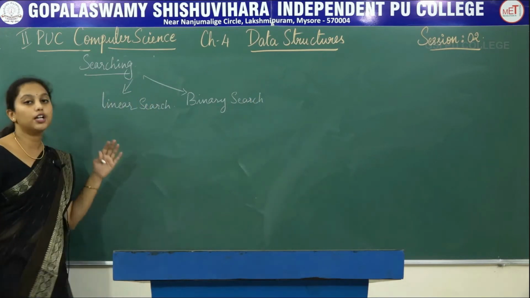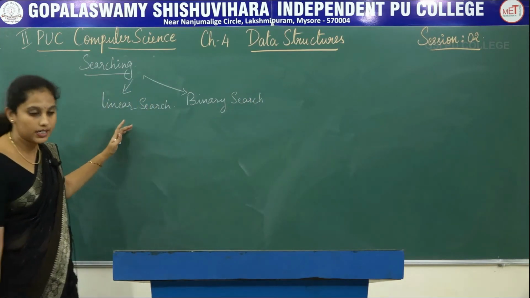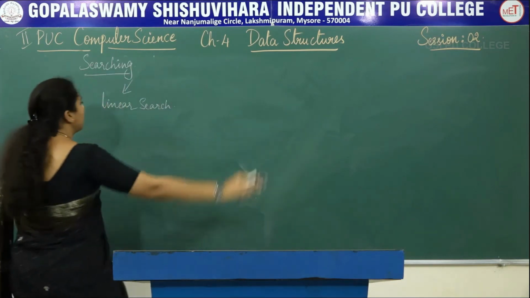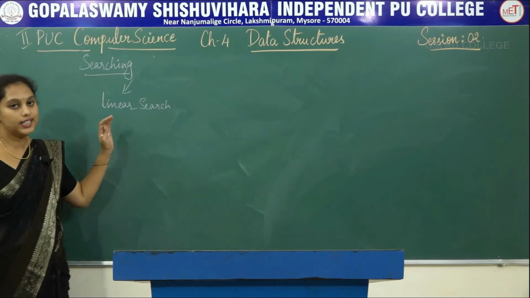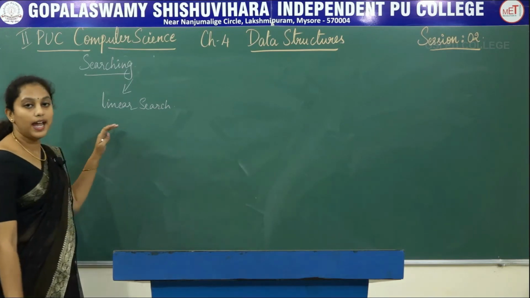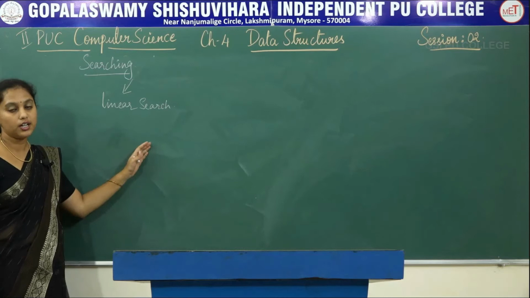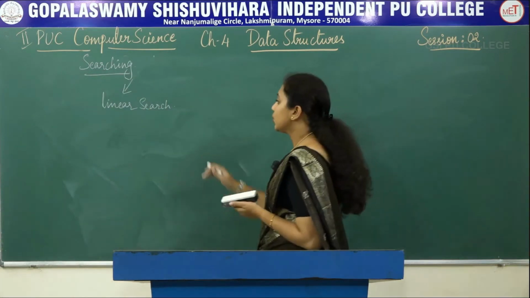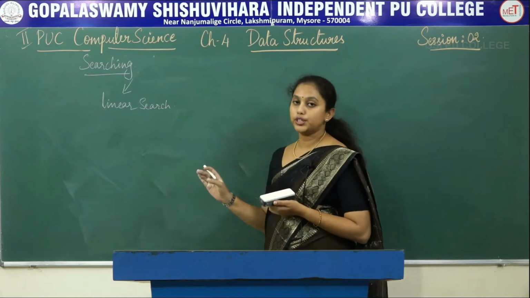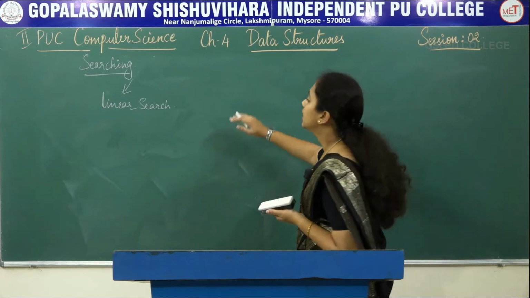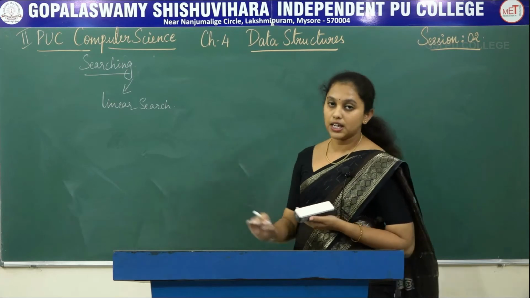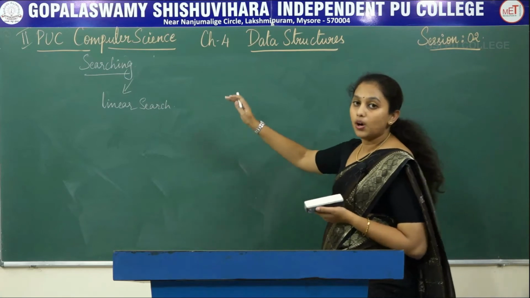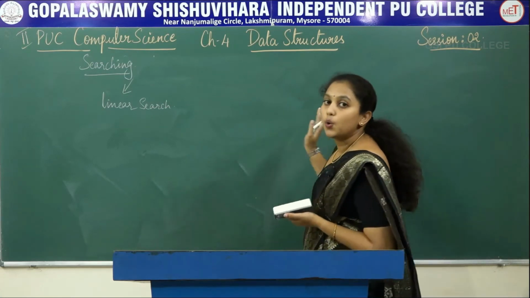In this session we are going to study the linear search. What is linear search? In linear search, the elements are arranged in consecutive memory locations. We find the location of an element in an array by comparing the search element with all the other elements in the array one by one.